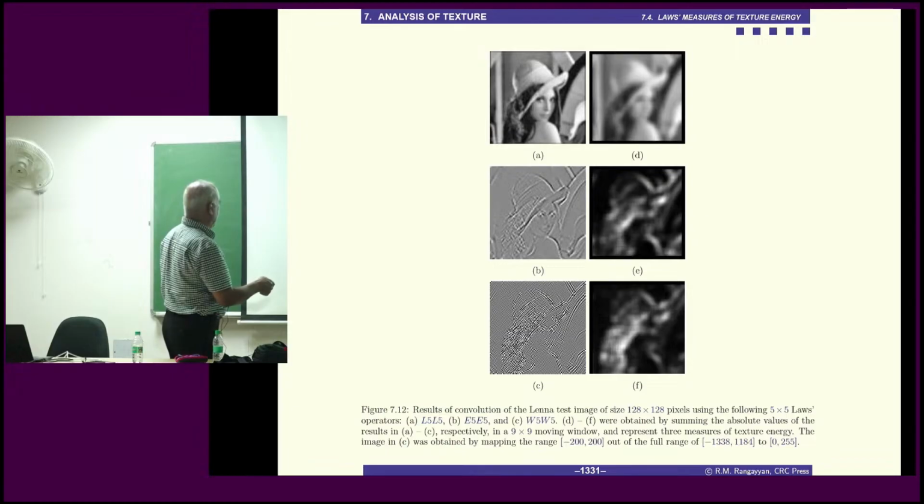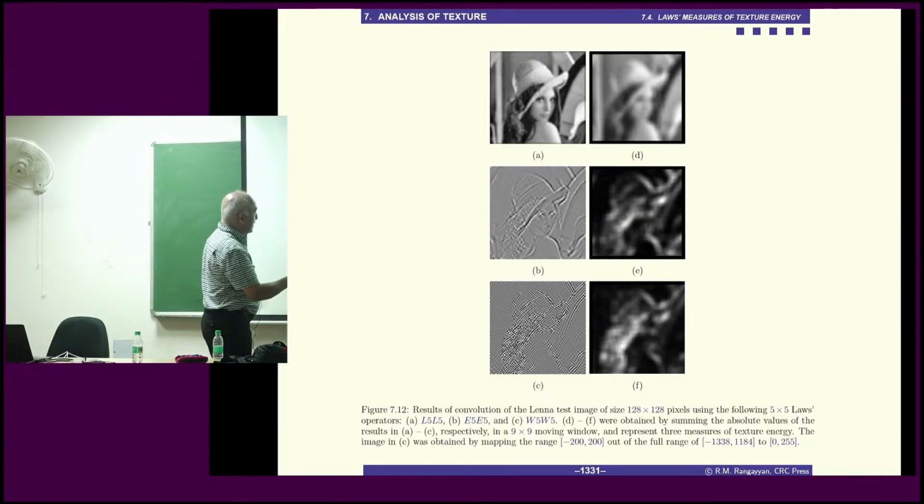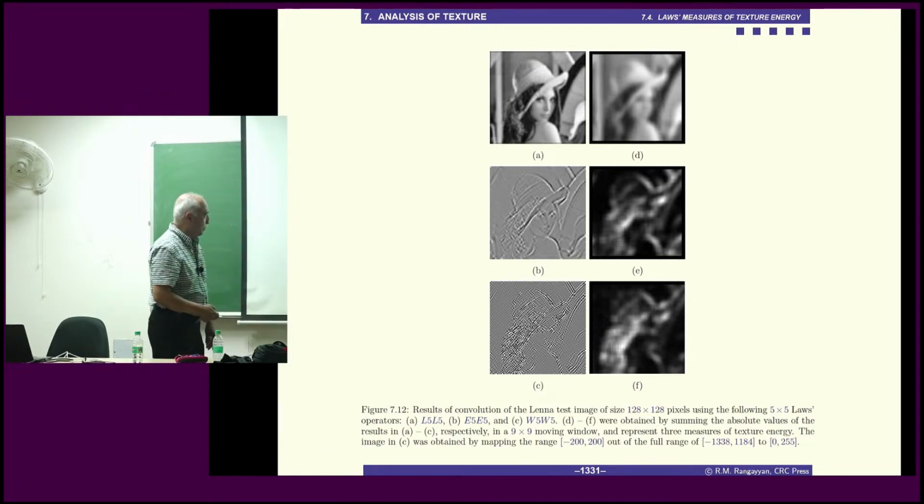A is L5, L5, B is E5, E5, C is W5, W5, and these are by taking the sum of the absolute values of these results in a 9 by 9 moving window. So you have to average this. Here you have positive and negative values. You can take the sum or square, and these represent the energy, texture energy as called by Laws.